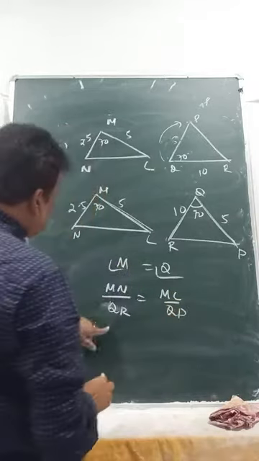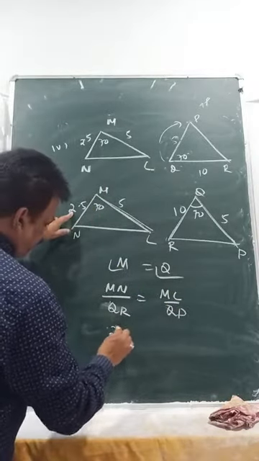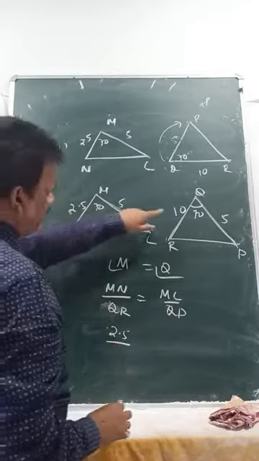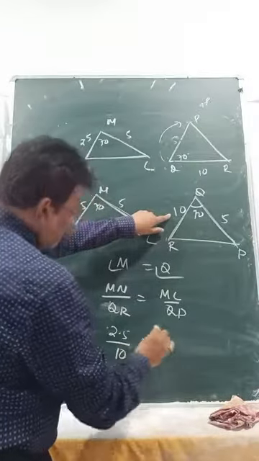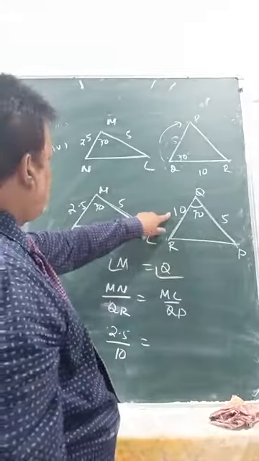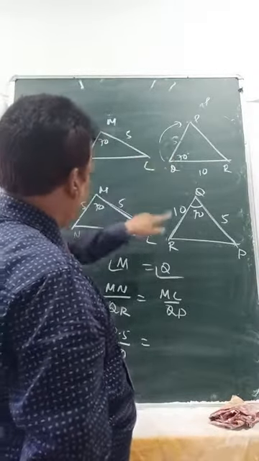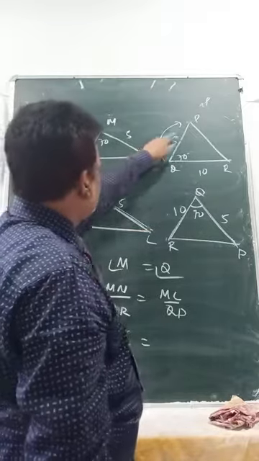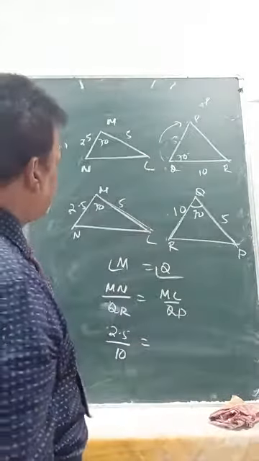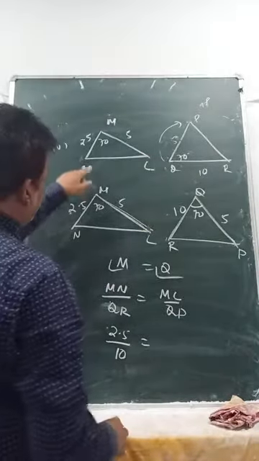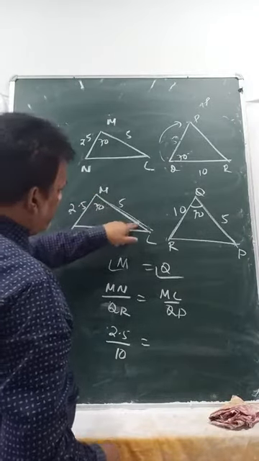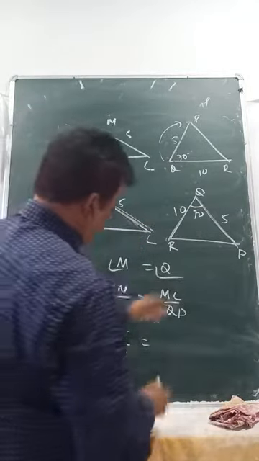Whether they are equal or not, check. 2.5 by 10, then 5 by 5, not equal.